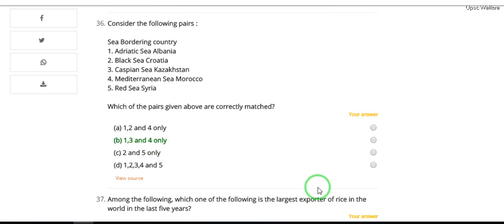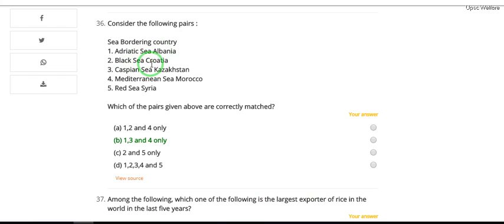In 36, you see seaboarding countries. So we see, of course, Albania, especially the Adriatic Sea, Albania.